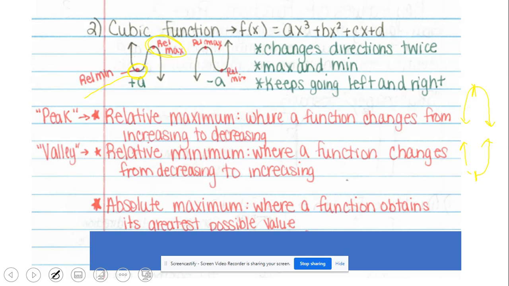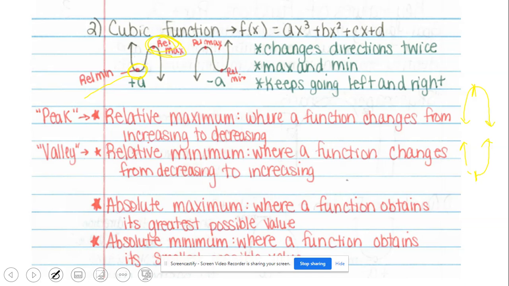Absolute maximum is where the function obtains its greatest possible value. And you will see that in the two examples that we're going to do. So a relative maximum is a high point, but it's not the highest point, where an absolute maximum is the highest value. The opposite of that would be an absolute minimum.